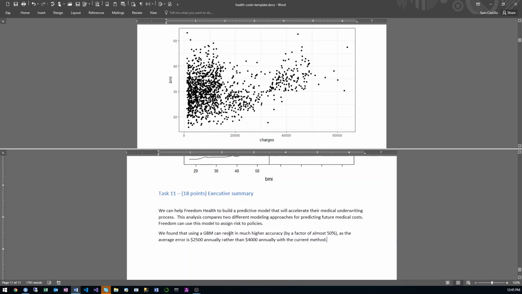We found a new model approach that has much higher accuracy by a factor of almost 50%, as the average error is 2,500 annually rather than 4,000 annually.